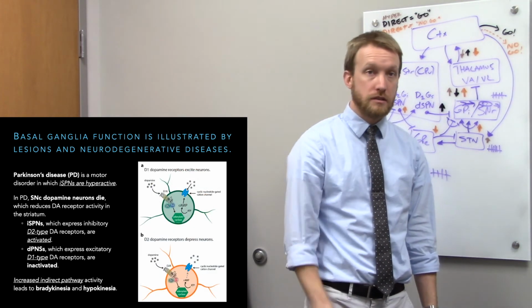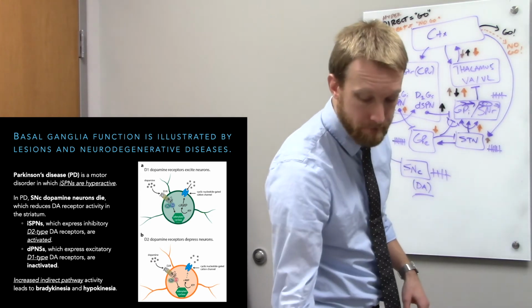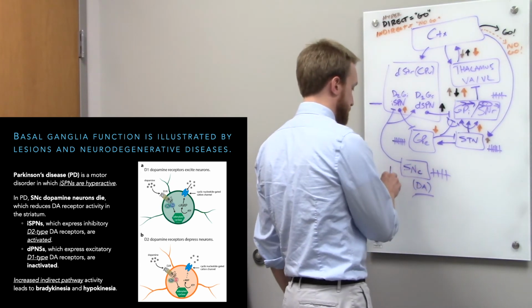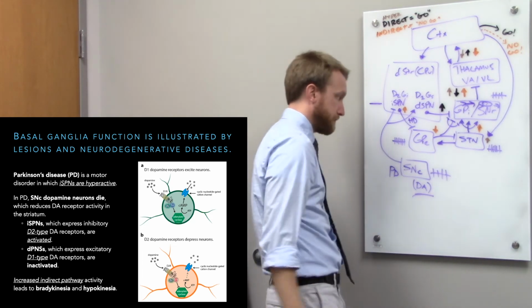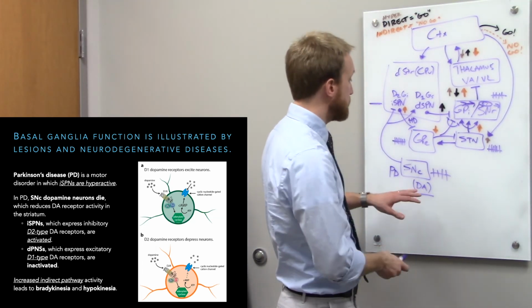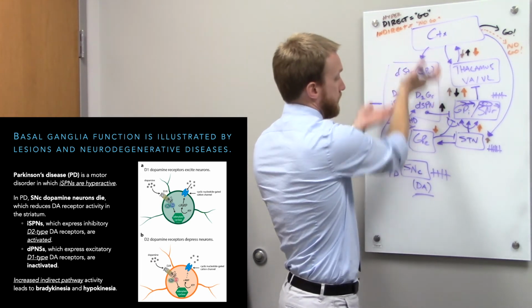In Parkinson's disease, we have the loss of our dopaminergic neurons, the SNc. So here's the target for PD. Here's the target for Huntington's disease. And in both cases, we're seeing the loss of these neurons. Now, the function of dopamine is to cause a switch from indirect to direct, and then back.